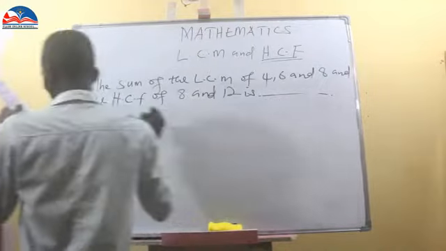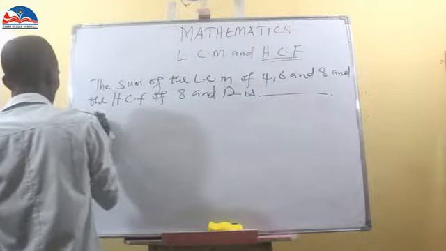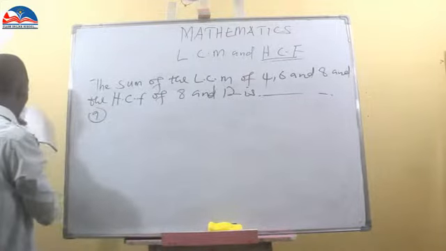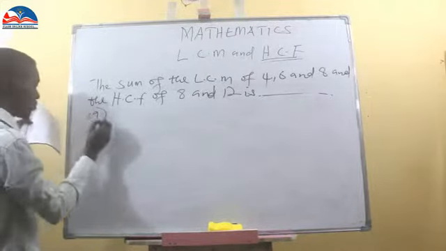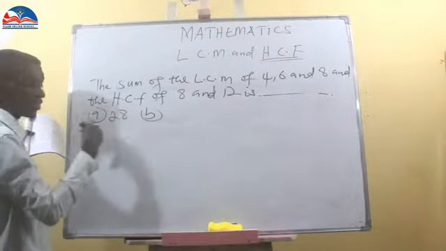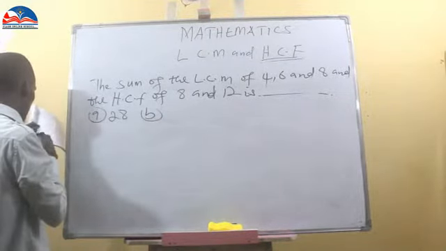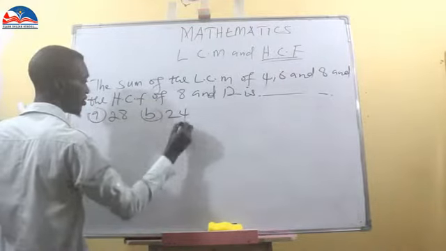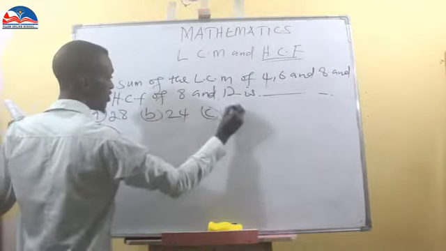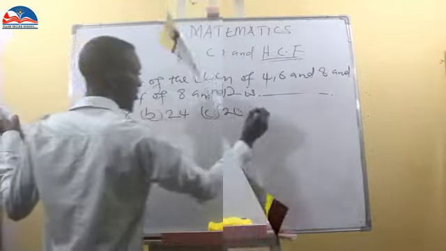These are the options. The options are A 28, B 24, C 20, D 18, E 15.